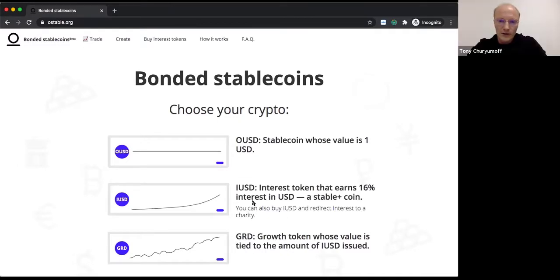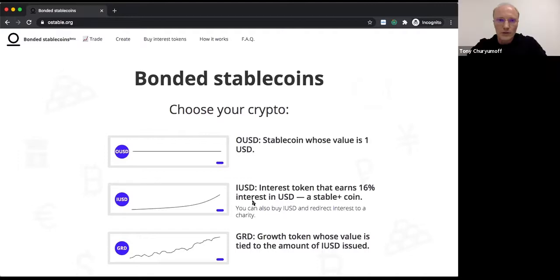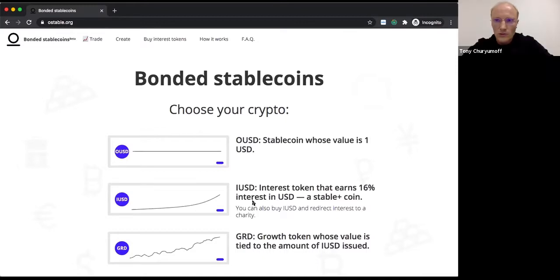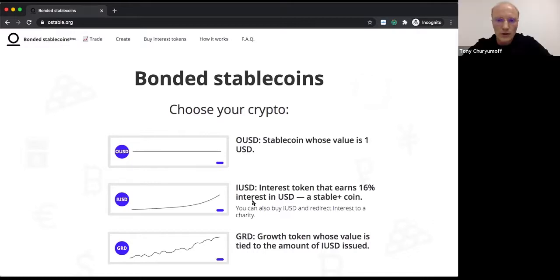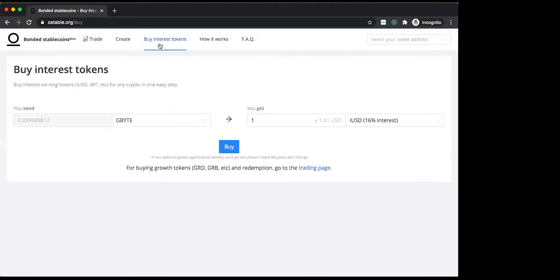First thing that I have to note is that the main user benefit from bonded stablecoins is that it is crypto-backed and it doesn't require over collateralization at all. So the end user can just buy those stablecoins. He has to pay $1 worth of crypto in order to buy $1 worth of stablecoins. That's simple.